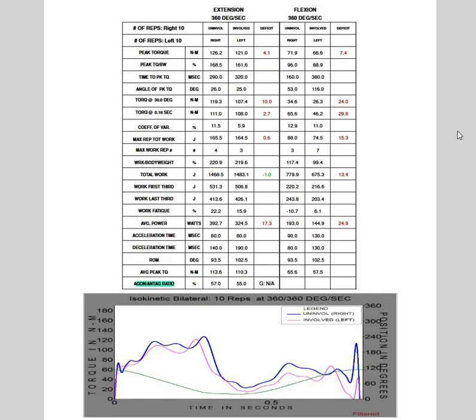Or, for example, with ankle inversion and eversion, the inverters may be the agonist and the everters would be the antagonists. So it depends on what sort of test is being performed, but this is reported in the literature as the hamstring to quadriceps ratio when we are looking at the knee extensors and flexors.